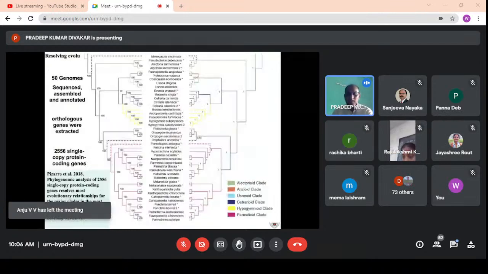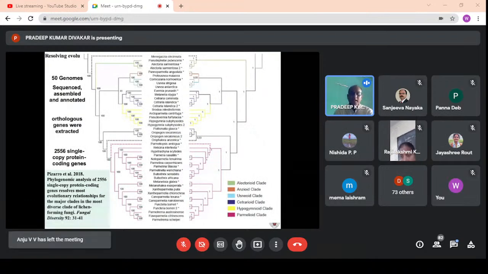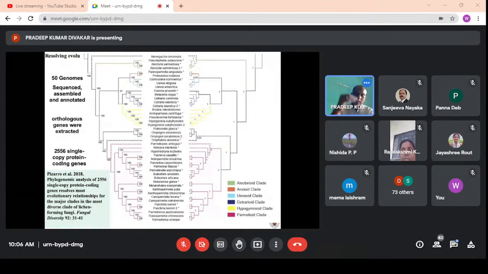So in the next project, as I explained earlier, we applied the phylogenomic approach. In this, we sequenced 50 genomes representing different genera across the family, and we also included genomes of other families, not only the Pameliaceae but also other groups.